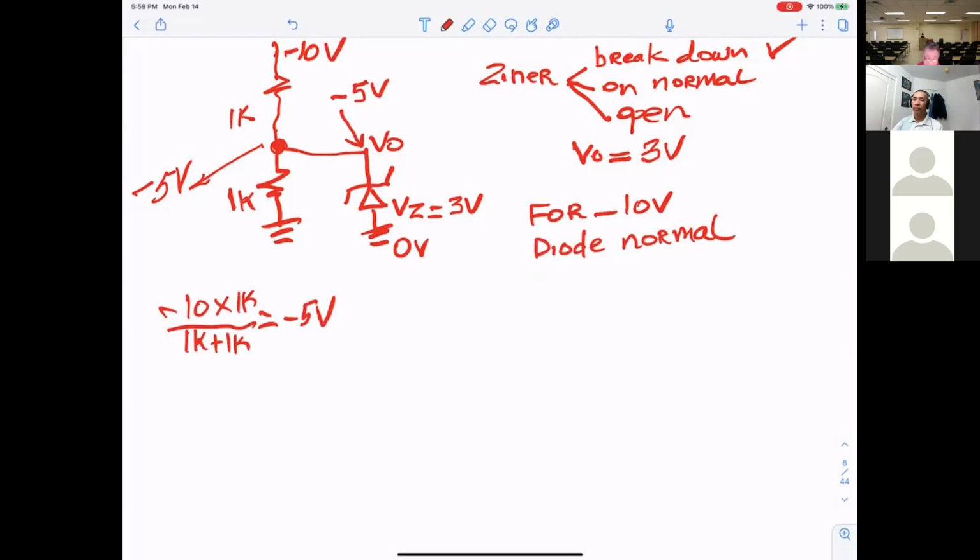If you get minus 5 volts, then this side is 0 volts, and the diode will just work normal. What does Vout equal? Negative 0.7. Okay, and you understand that when the diode is on normal, you substitute the diode by a battery, this side negative, this side positive, minus 0.7 volts.